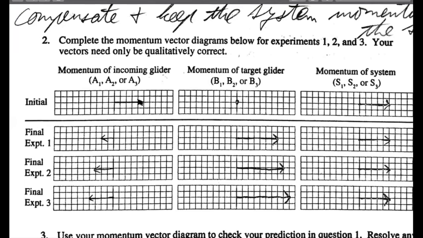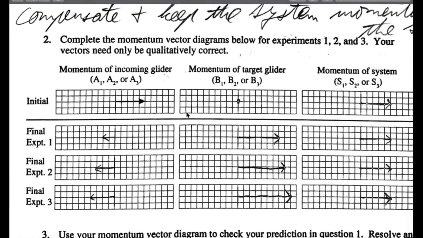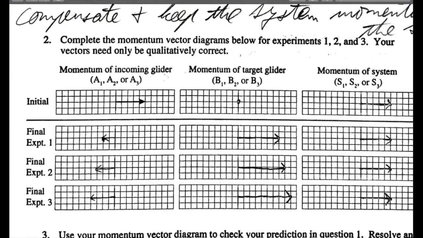You've got 5 units of momentum for the system because that's all from object A. So the first thing we can do is say the system is going to have 5 units of momentum in all cases. And as the arrow for the velocity keeps getting bigger, the left-pointing momentum of object A keeps getting larger.